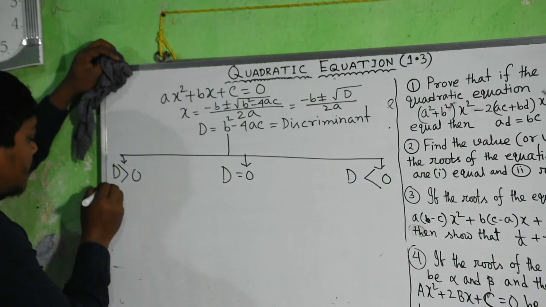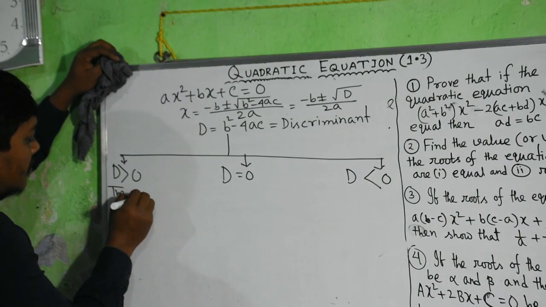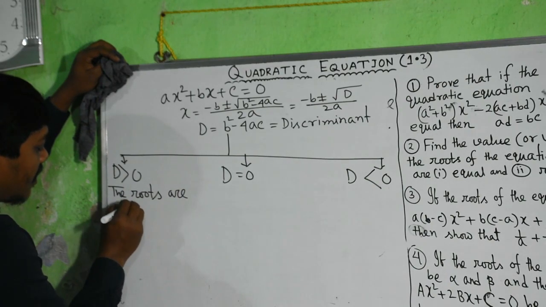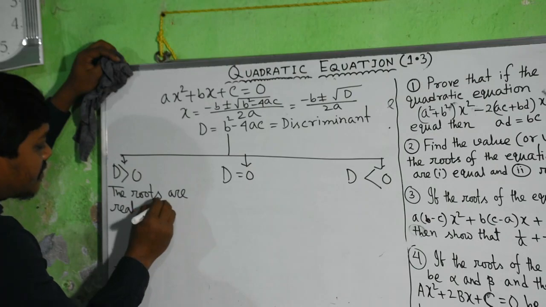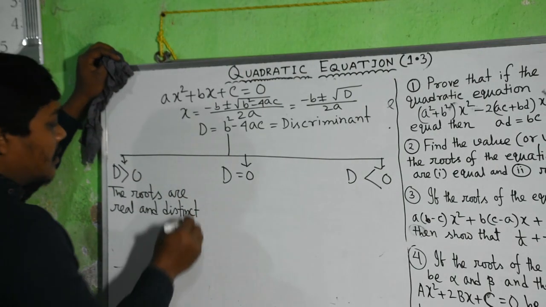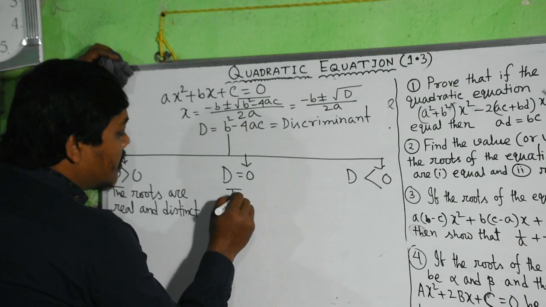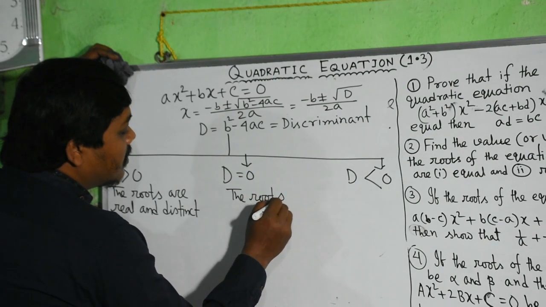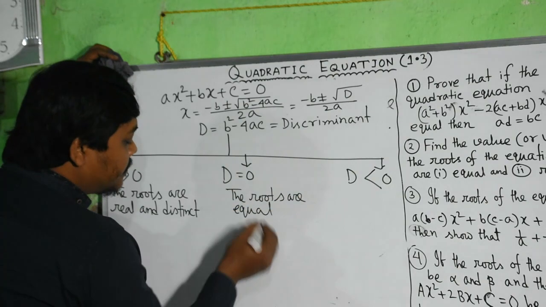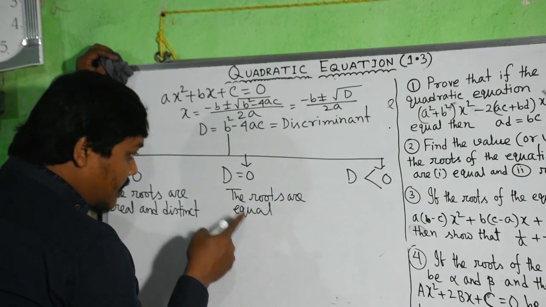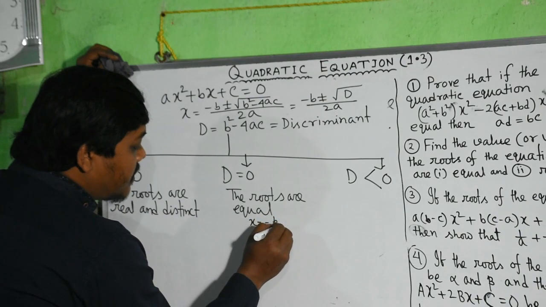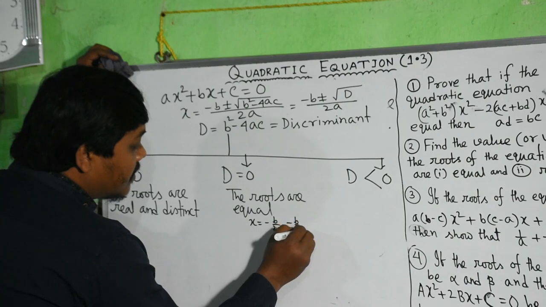So the roots are real and distinct; the roots are equal, and the roots are minus b by 2a and minus b by 2a.